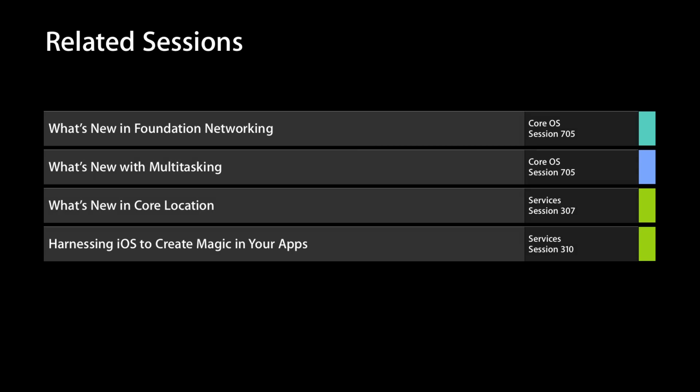And then two sessions talked about iBeacons. One was What's New in Core Location, which went through the new APIs. And this last one, Harnessing iOS to Create Magic in Your Apps, was a session given by the Apple retail store engineering team talking about how you might use iBeacon, and they gave an example of using it in a museum for interactive exhibit information.